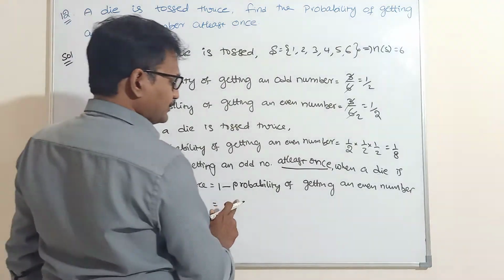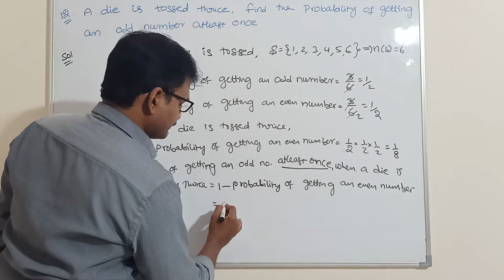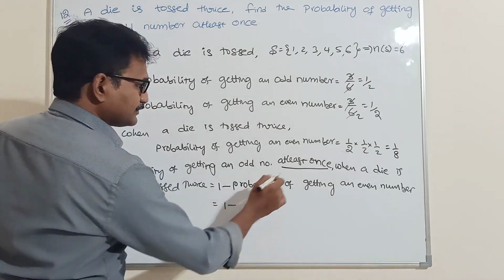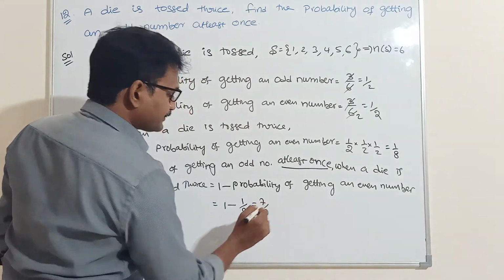So that means probability of getting an even number thrice will give at least once. 1 minus, so this is how much? 1 by 8. 1 minus 1 by 8 is 7 by 8.